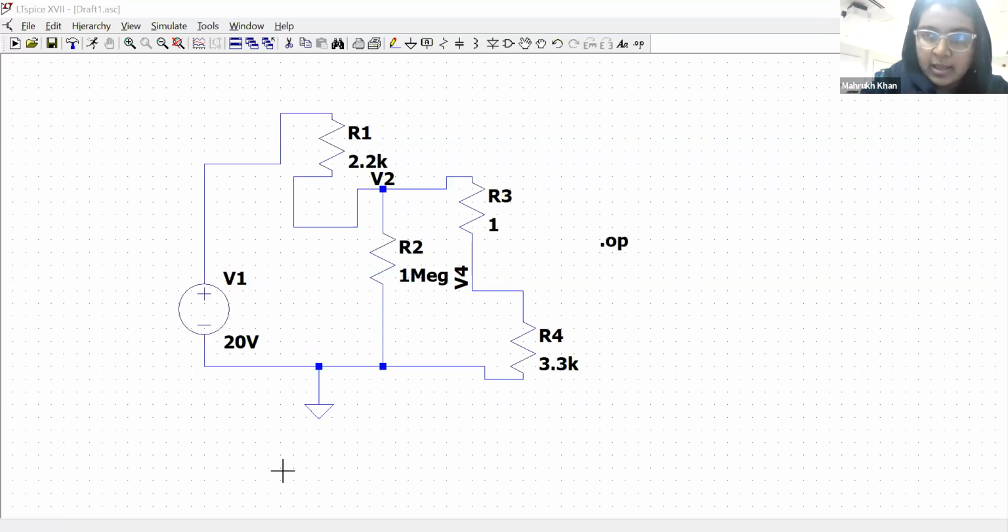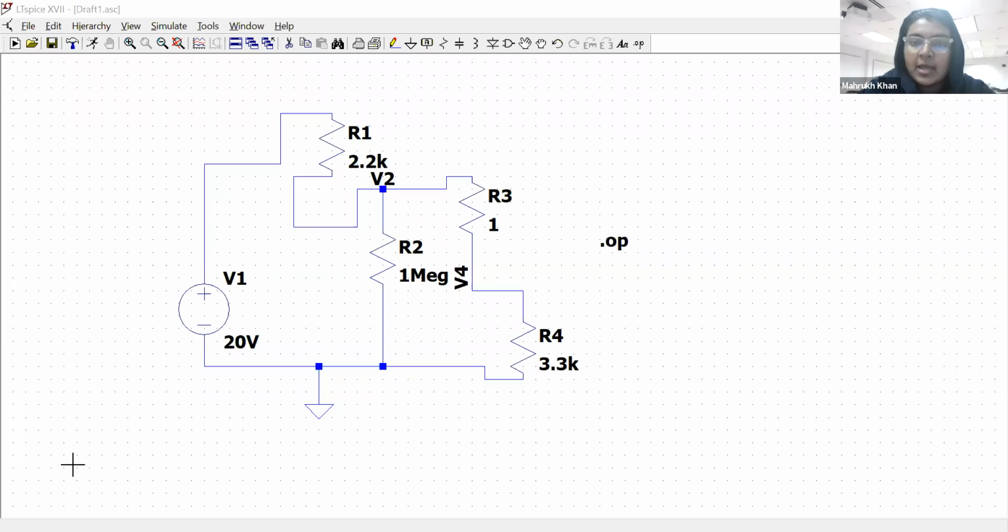I think in lab 4, the question was: over what load resistance range could the voltage divider design specification be maintained?